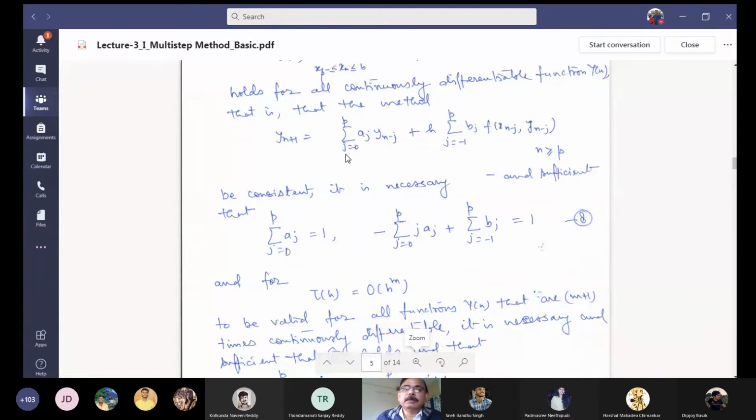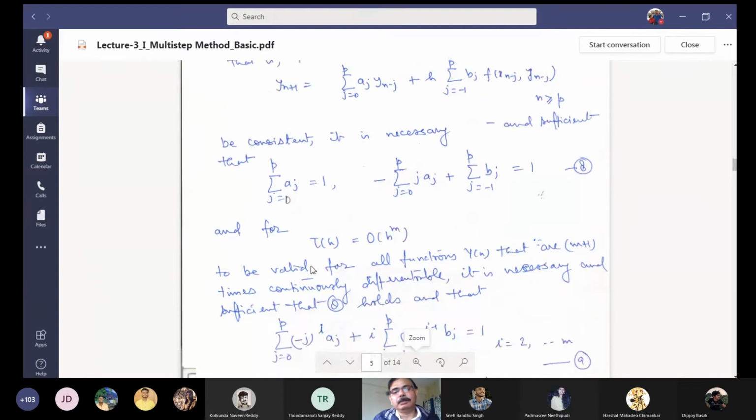All the y_{n-j}'s were written in terms of y_n. These y prime_{n-j}'s, they also have been written in terms of y_n, and then the coefficients of h, h squared, all those things were collected and they were made to 0, depending on up to what order method we can get from that, right? Exactly the same way the proof of this theorem goes actually.